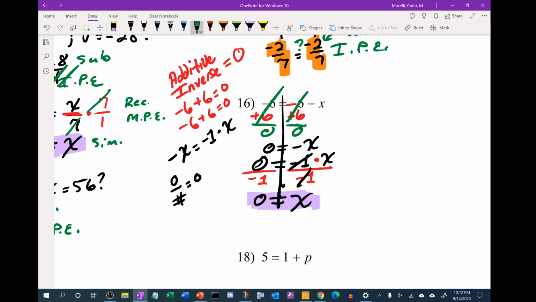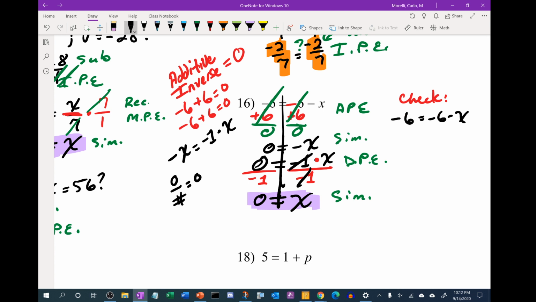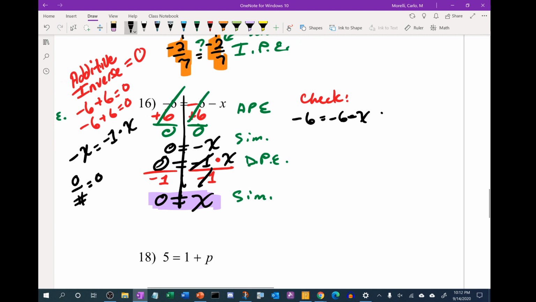Let me justify all this. So first I use the addition property of equality. Then I simplified. Then I used the division property of equality. And then I simplified. Okay? Now what? Let's check it. The question is, is it true that negative 6 equals negative 6 minus x, where x equals 0?